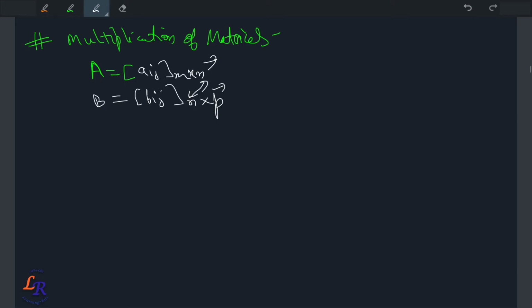Then you can multiply, and you will have a matrix multiplication C, where the elements of C are given by Cij, and it would be a matrix of M cross P, right?